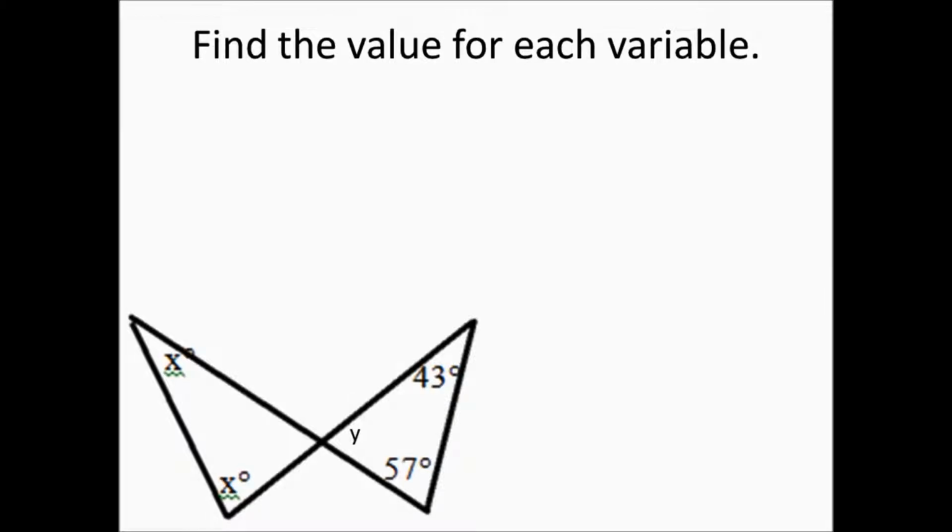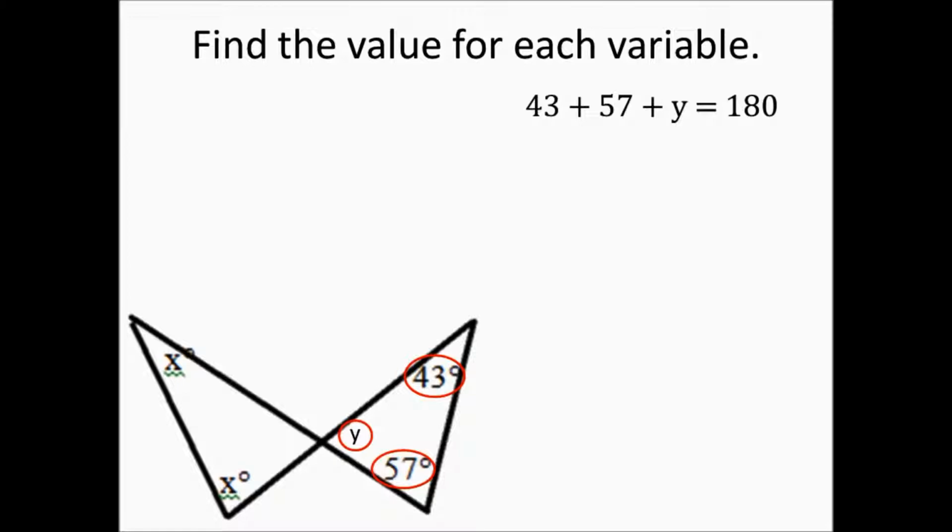Here's another example of the triangle sum theorem. We're asked to find the value of each variable. Starting from the right side, we see that this triangle is equal to 180 due to the triangle sum theorem, and we only have one variable to find. Therefore, 43 plus 57 plus y equals 180.